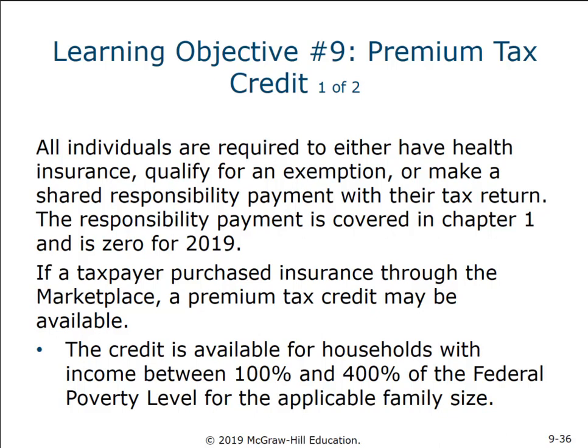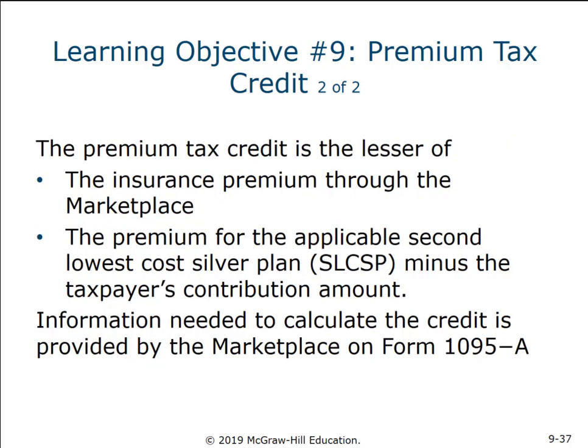It still exists in the tax law, but the amount of it is 0 for 2019. But they can have a credit. It's for people with income between 100% and 400% of the federal poverty level for your applicable family size. So it depends on the size of your family and so forth. So this is also fairly involved.